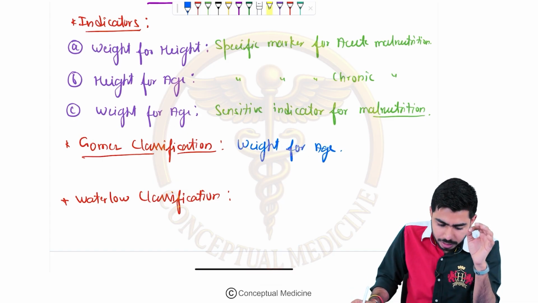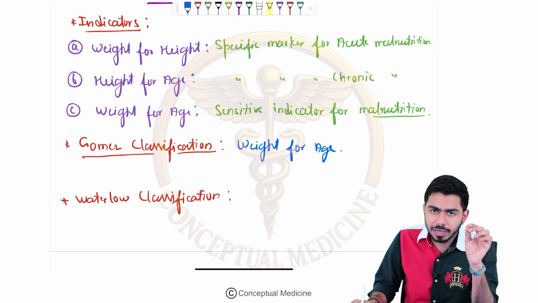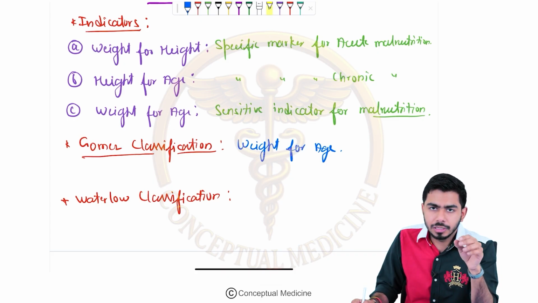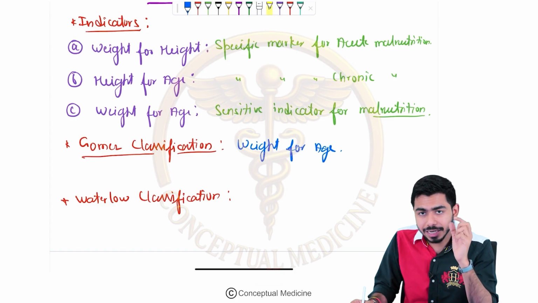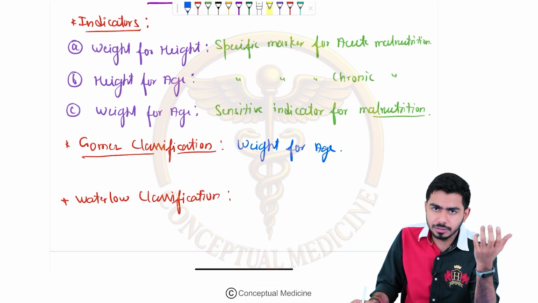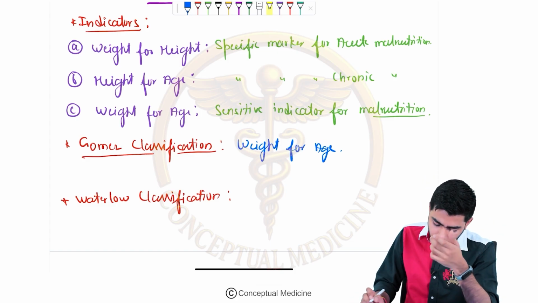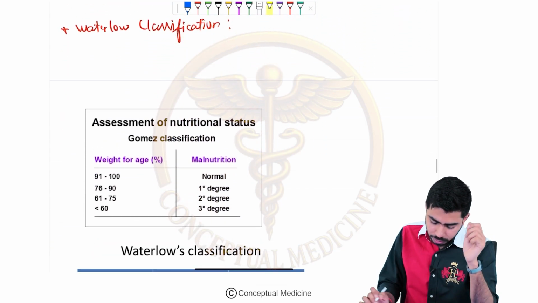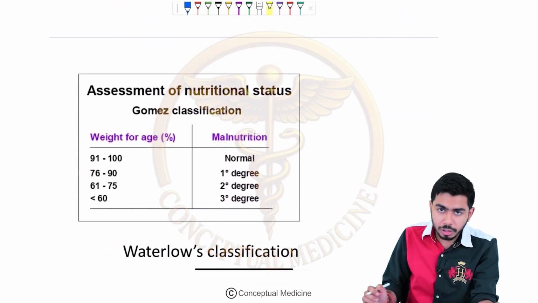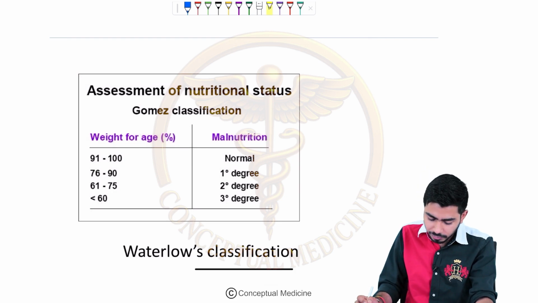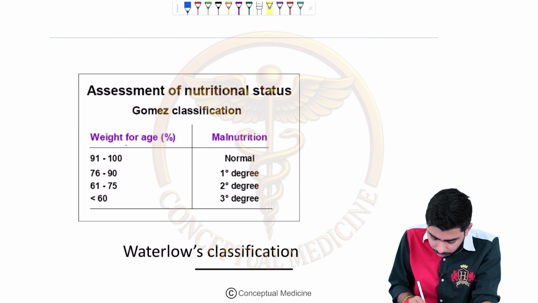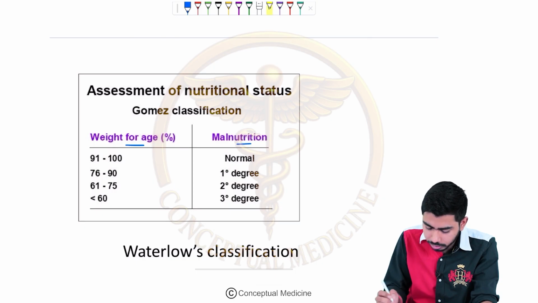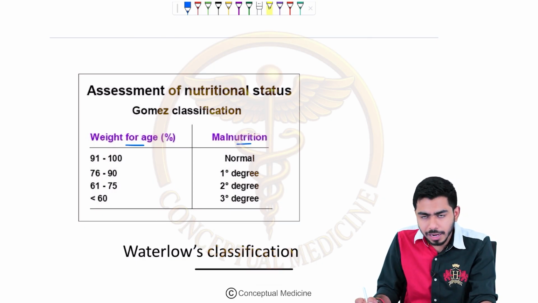If the expected weight for age is less than 80%, then we say this is low on the Gomez classification. What do I mean by that? In the assessment of nutritional status according to the Gomez classification, on one side they write the weight for age, and on the other side the malnutrition grade.